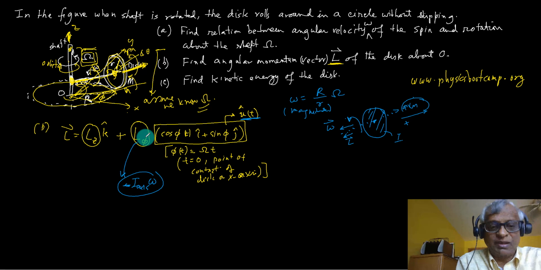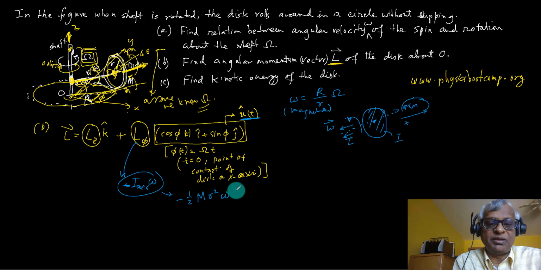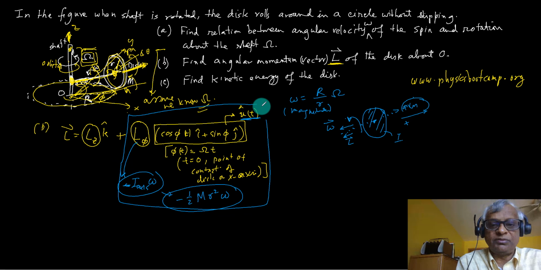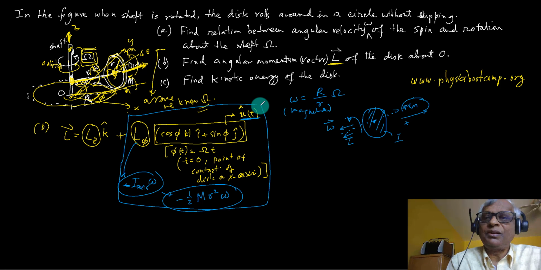That's this guy, and this becomes minus half m r square omega. So this is that part we already found. How about Lz?